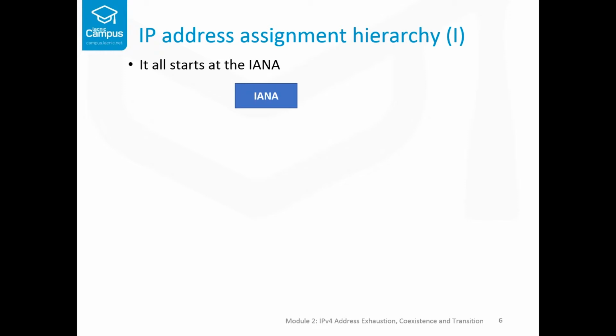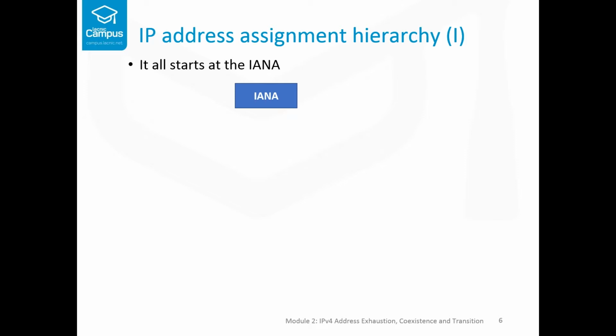IP address assignment hierarchy. Internet number resources, that is, IPv4 and IPv6 addresses, and autonomous system numbers are managed and assigned hierarchically. The organization at the highest level of the hierarchy is the IANA, a division of ICANN.